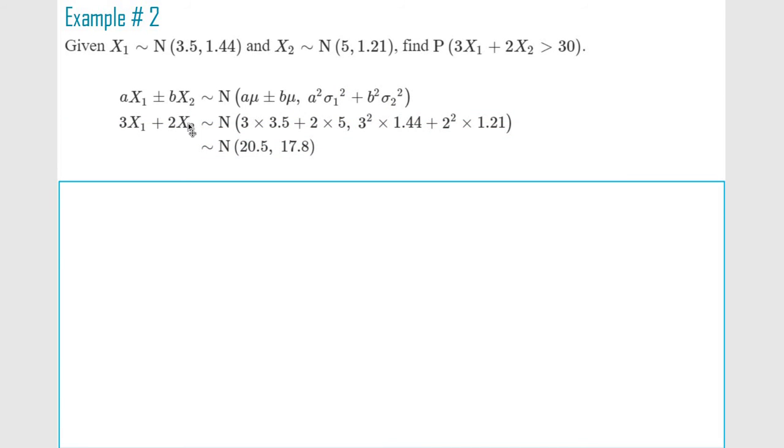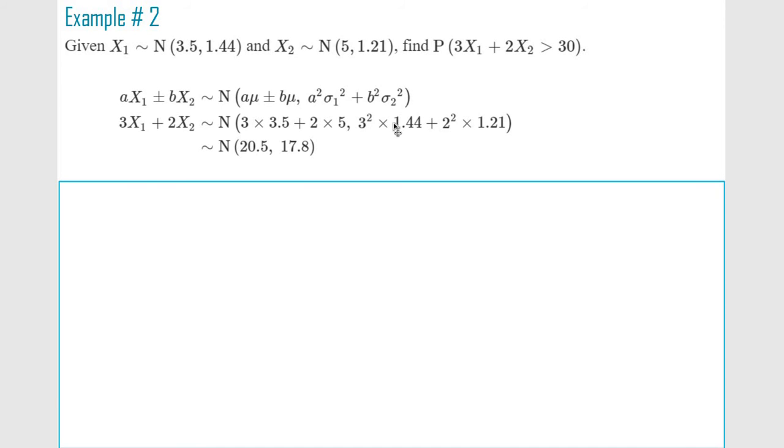Since we're doing 3 times x and 2 times the second x, literally do that for your mean. So 3 times 3.5 plus 2 times 5. That gets you your mean. Then combine your variances, so 1.4 and 1.21. Now we know we're going to add them, but we're also multiplying by 3 and 2.